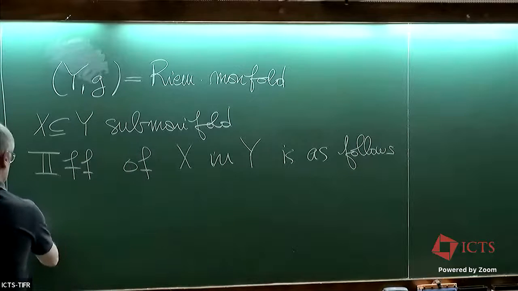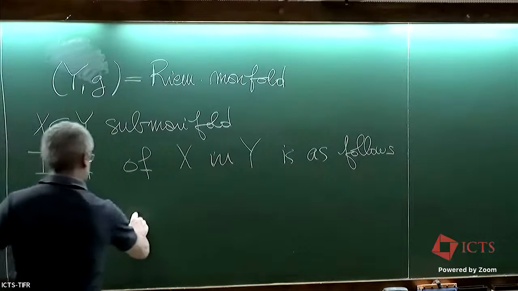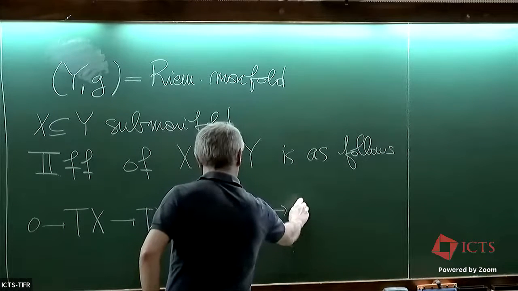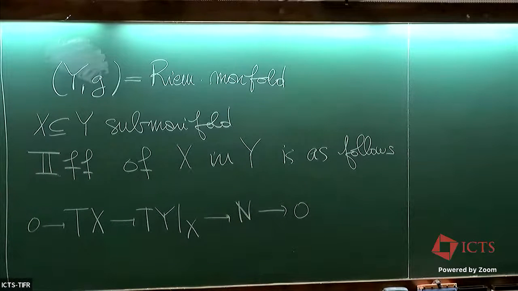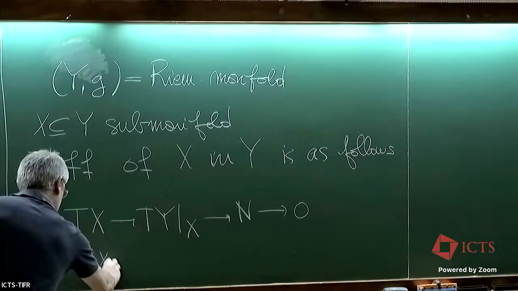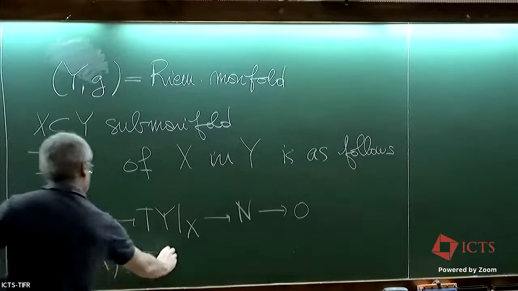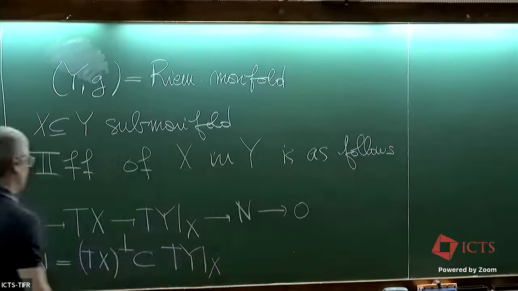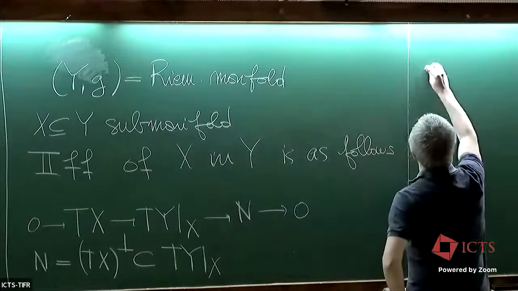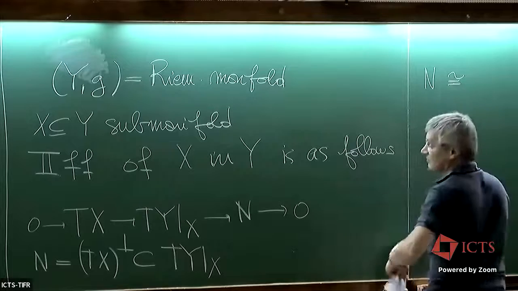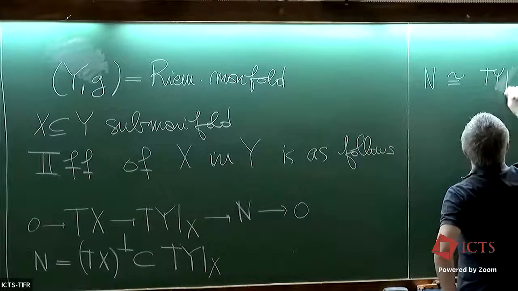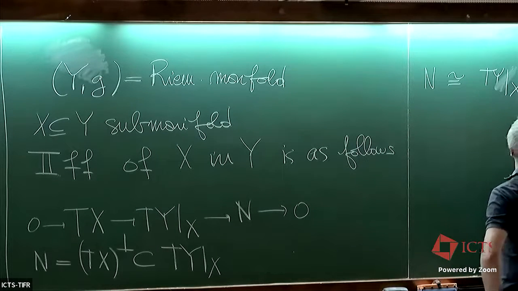We start from the sequence of vector bundles, of tangent bundles on X. Here N, in this setting, is just the orthogonal of the tangent to X, but of course it is isomorphic to the quotient of the first two, and this point of view is better in the complex case.